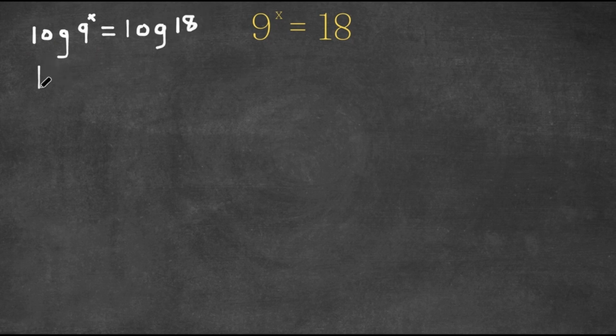So if we have something in the form log a to the power of x, this is known as the power property, and what it means is that we can move this exponent in front of the log, meaning this would also equal x log a.